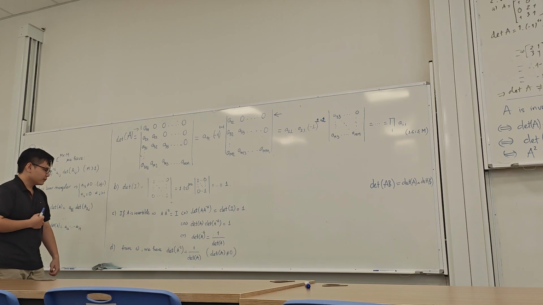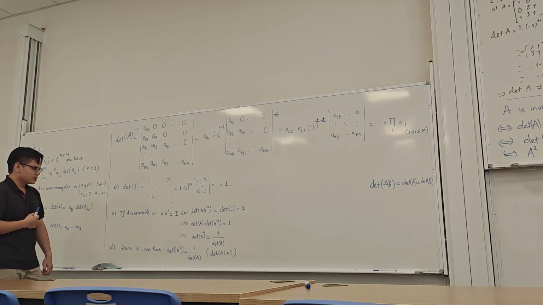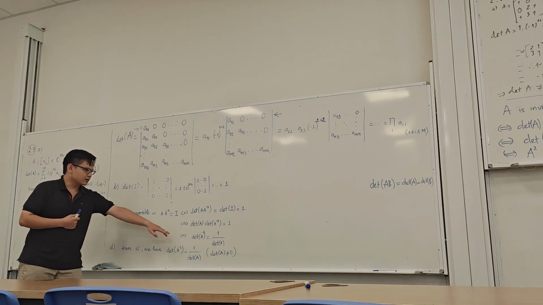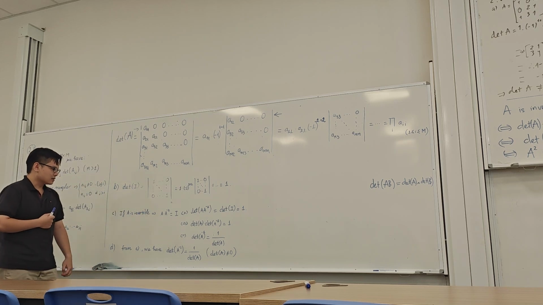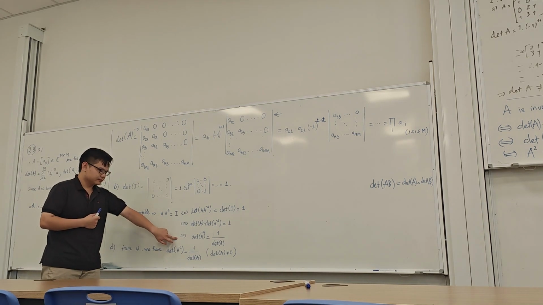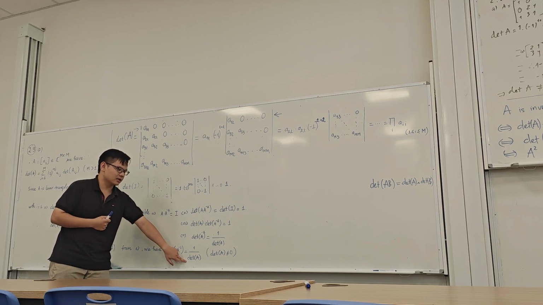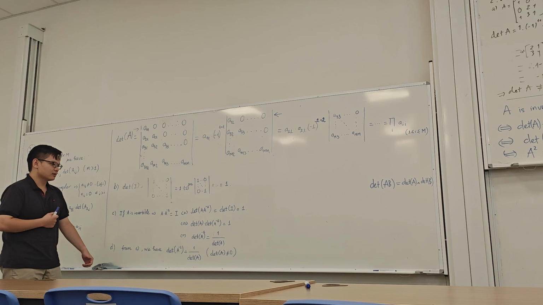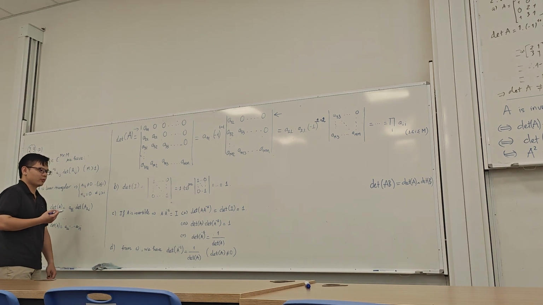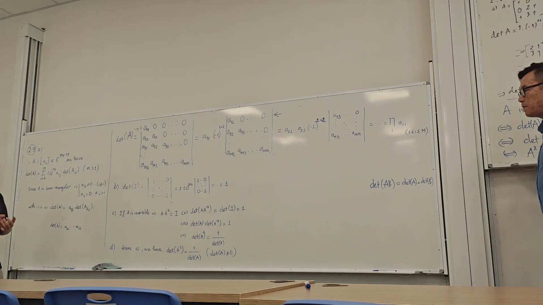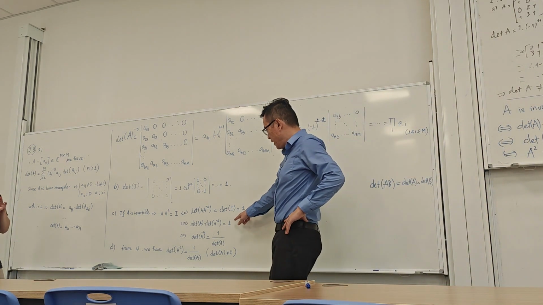And for the next question, if A is invertible, we have this solution from C, and this is only true if we have determinant of A different than 0. Actually, we can argue from here even better.